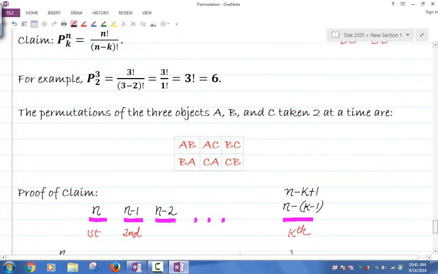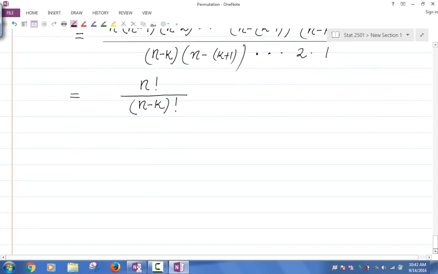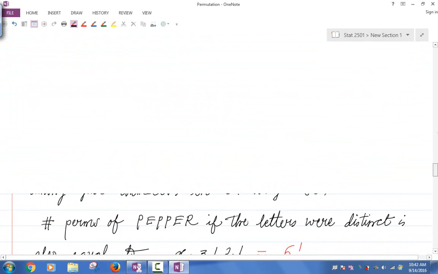So the number of permutations of n objects taken k at a time is given by n factorial over n minus k factorial. Is everybody okay with that? Okay, that was it for permutations.